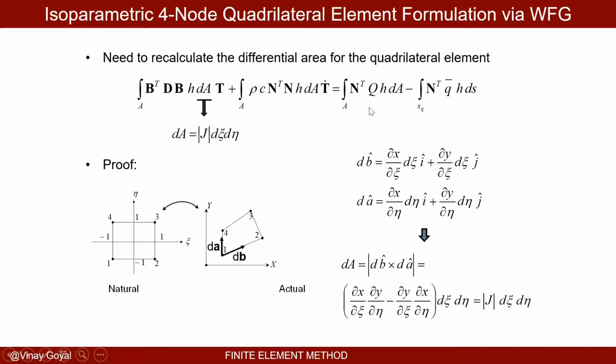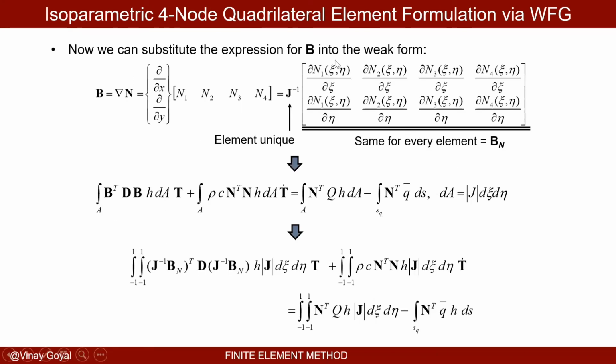So let's keep looking at what's going on here. I'm going to do the same thing with this dA and this dA. I'm ready to plug it in. So this is the equation I have in the quadrilateral domain. I want to turn that into the square domain. So let's try. Anywhere I see dA, just make it the determinant of J d xi d eta. And the integrals become from -1 to 1.